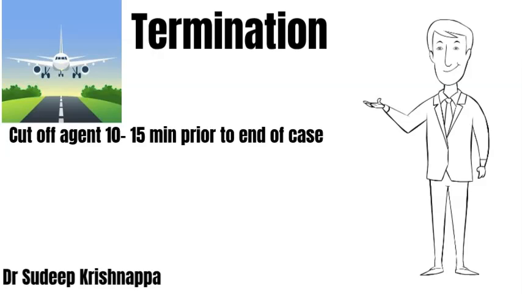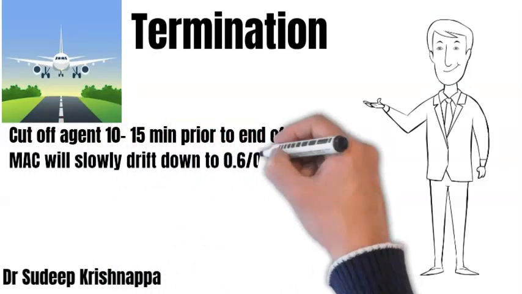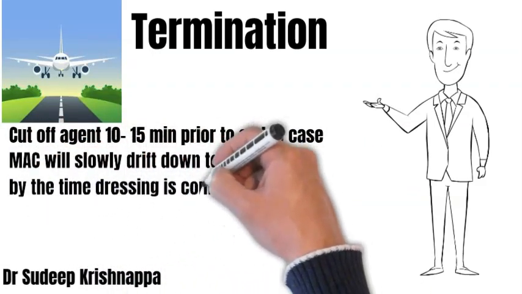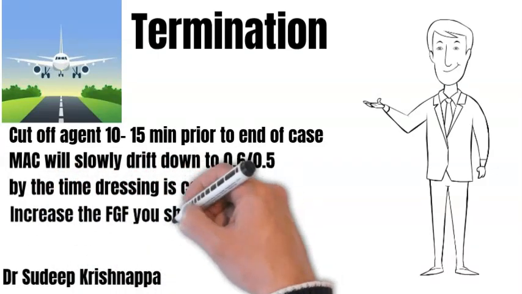When you are ready for extubation, reverse the patient, make sure everything is fine, then increase the fresh gas flow to about 6 liters. You should be able to wash out the rest of the desflurane, wake up and extubate the patient in about 3 to 4 minutes.